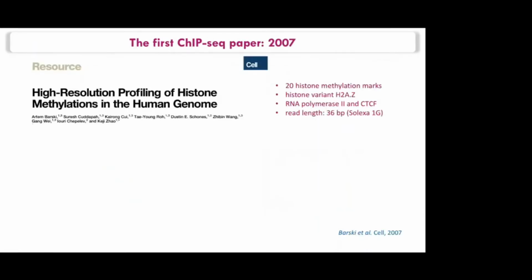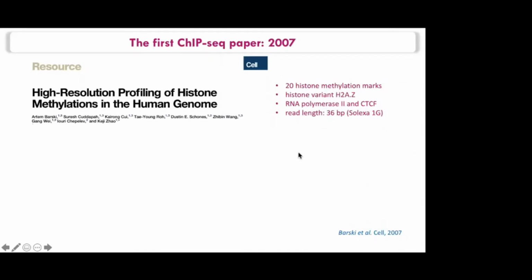Okay, so the first ChIP-seq paper came up in 2007. This one profiled 20 histone methylation marks in the human genome, histone variant H2AZ, and then RNA Pol2 and CTCF.